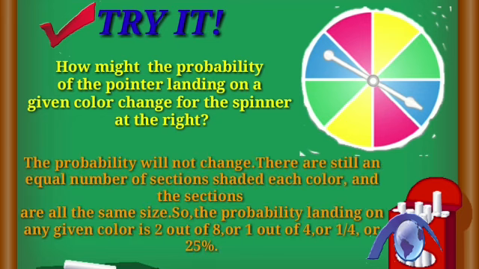Probability will not change. There are still an equal number of sections shaded each color, and the sections are all the same size. So, the probability of landing on any given color is 2 out of 8, or 1 out of 4, or 1/4, or 25%.